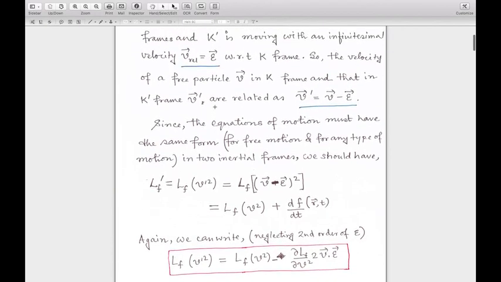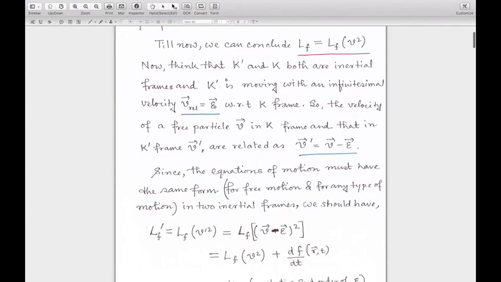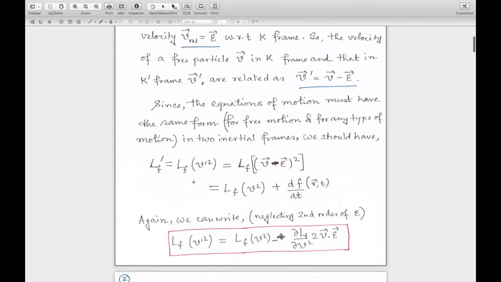We know that for any frame of reference, if the particle has a velocity v with respect to that frame, the corresponding Lagrangian will be L_F of v squared, and where the velocity is v prime, it is L_F of v prime squared.